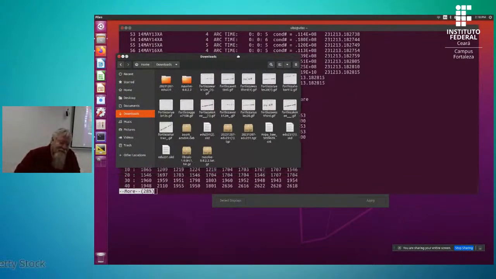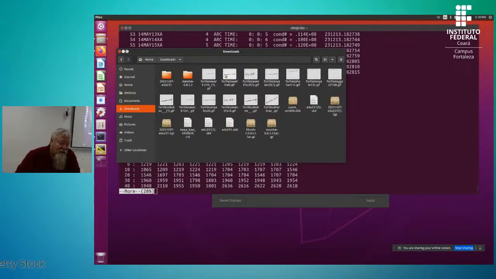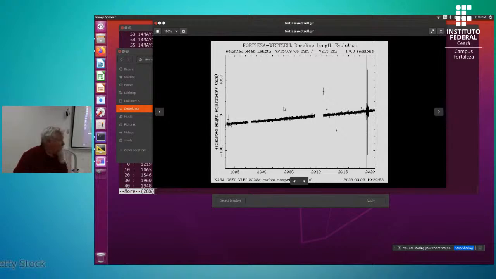So I asked Karen Baver, who works with me, to prepare some plots of sessions where Fortaleza was in. So here is a chart showing Fortaleza and Westford. And each dot there represents a measurement. And what we're plotting is baseline length. And you can see that almost everything lies right on a straight line there.